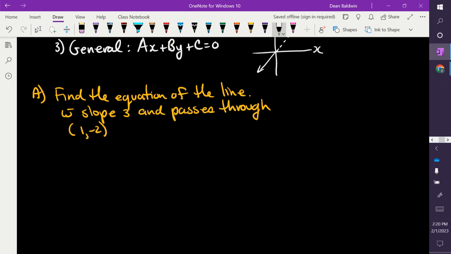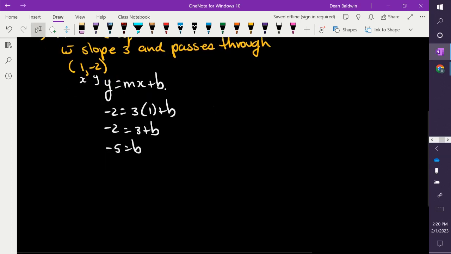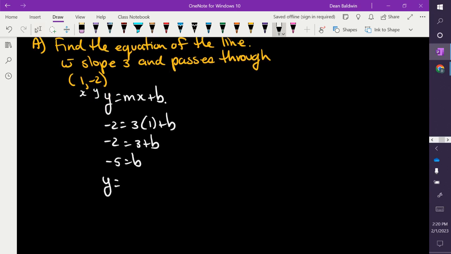So if you do mx plus b, you plug in your slope and your point, because that's the x, that's the y. -2 equals 3 times 1 plus b. So -5 is equal to b. So the equation of the line would be y is equal to 3x minus 5.